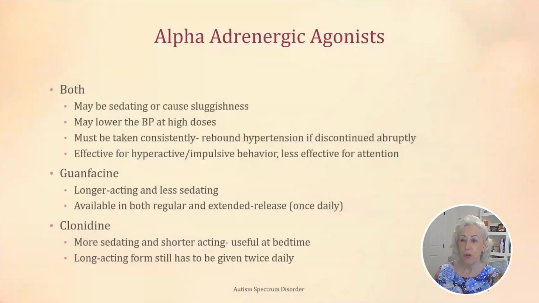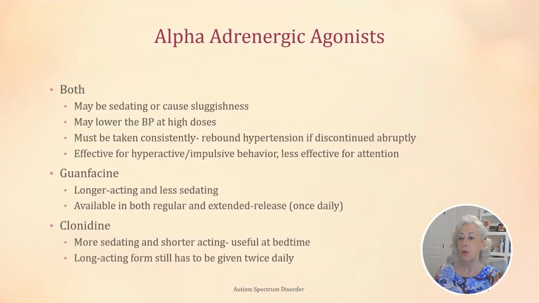The alpha adrenergic agonists are guanfacine and clonidine, and these are much more effective for the hyperactive impulsive component of ADHD, and they're less effective for attention problems. They have similar mechanism of action.